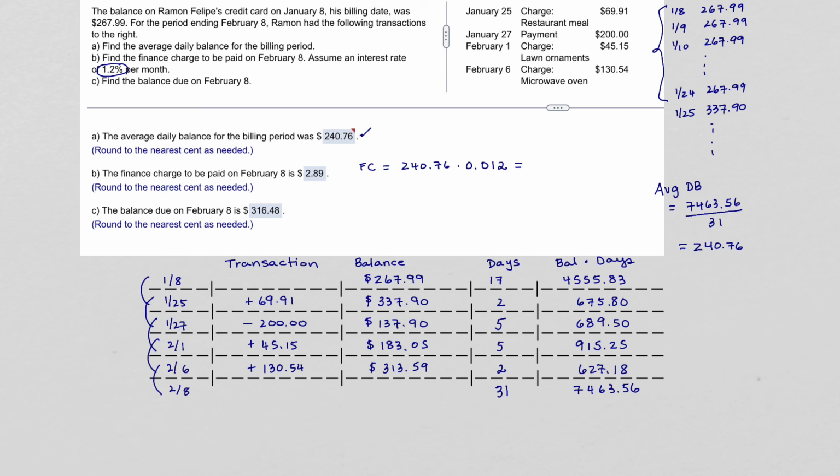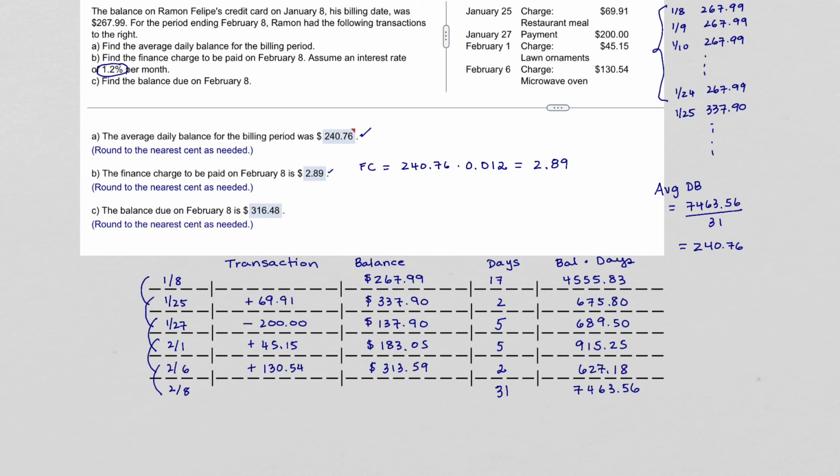And when I do that, I'm going to do that real quick. And I get $2.89 when I round that to the nearest penny. So I've got that finance charge.